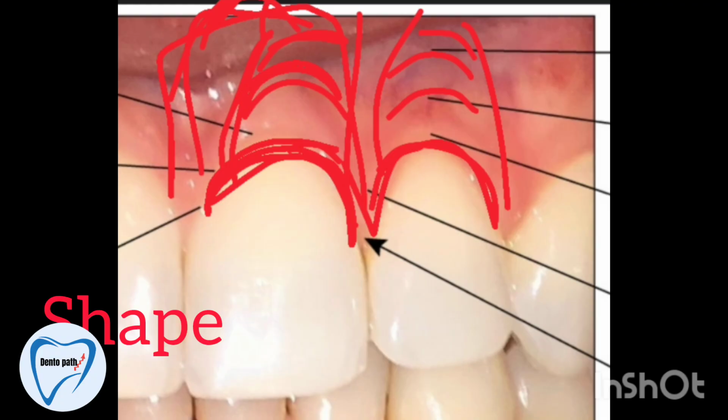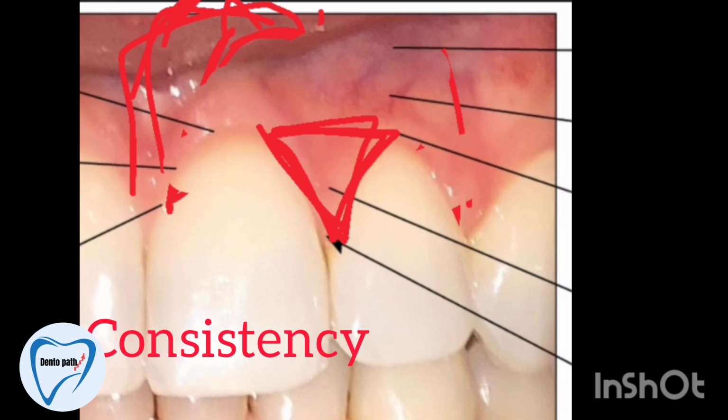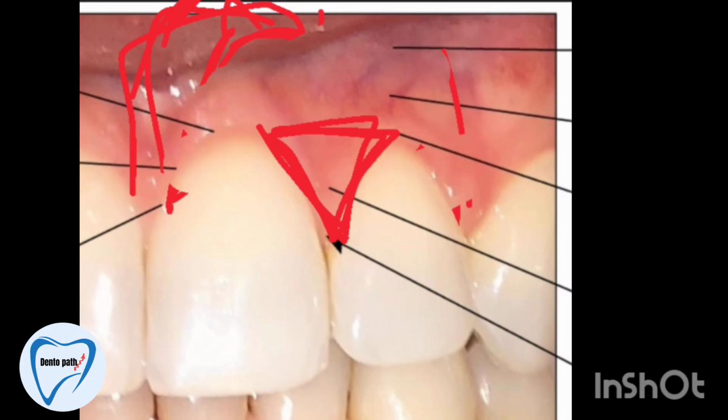Shape of interdental gingiva is governed by the contour of proximal tooth surface and the location and shape of gingival embrasures. Now the consistency. The gingiva is firm and resilient and, with the exception of the movable free margin, tightly bound to the underlying bone.